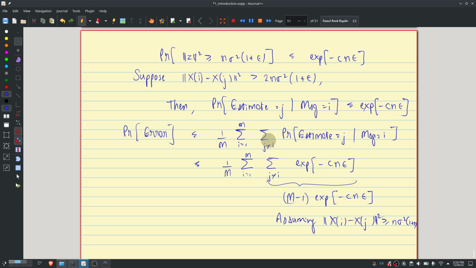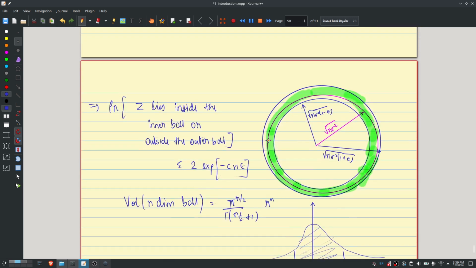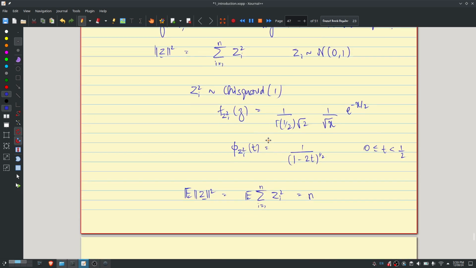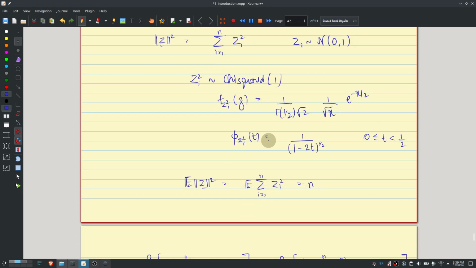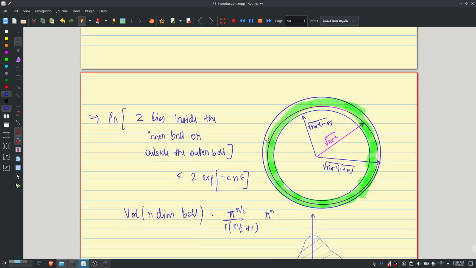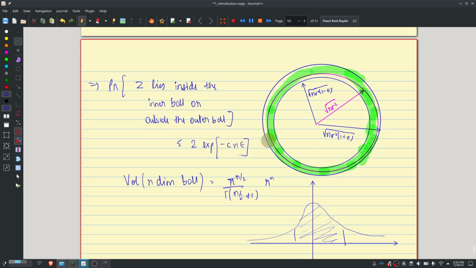So just to very quickly recap, today we saw an application of a tail bound for chi-squared random variables. Right? And another very useful property that we saw was this phenomenon of what happens in high dimensions. If you take a high dimensional Gaussian random vector, then most of the probability lies in a very thin shell that is far away from the origin.